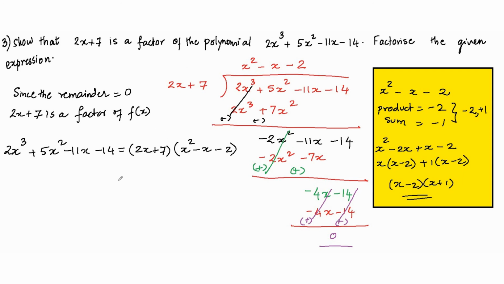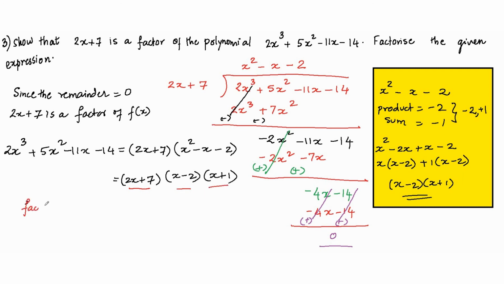So what I now get is 2x plus 7 multiplied by x minus 2 multiplied by x plus 1. And therefore, I can say that the factors of the given polynomial are, one factor is 2x plus 7, the other factor is x minus 2, and the third factor is x plus 1.